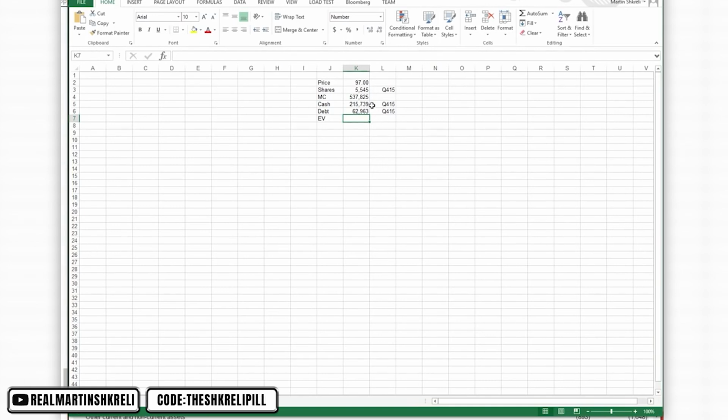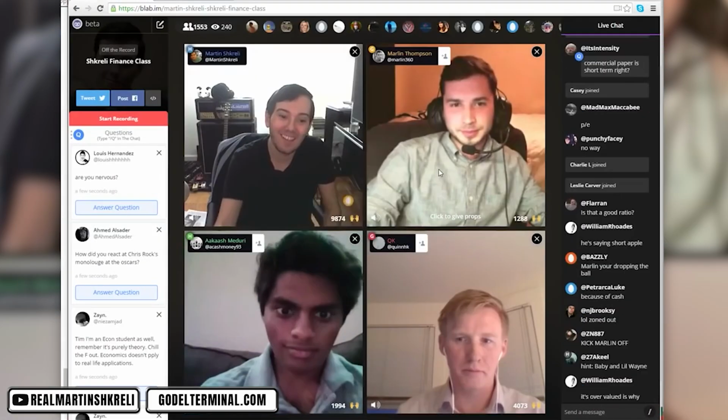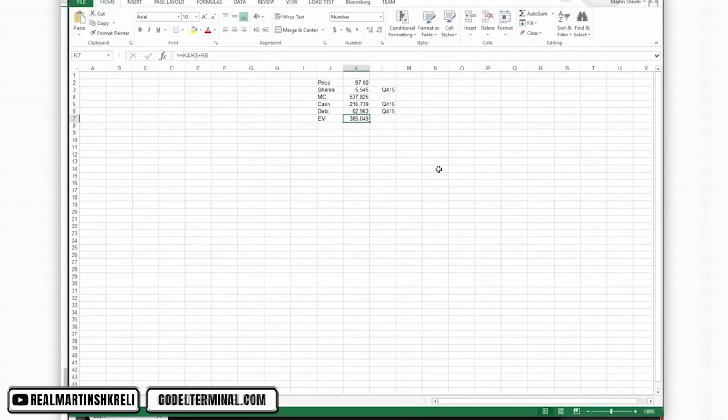So there you have it. Apple has 215 of cash and 62 of debt. So the enterprise value is what? 385 roughly. So the value of Apple, the business, is actually 385 billion, even though the market cap is 530 billion. Why is that? The company has $150 billion of net cash.